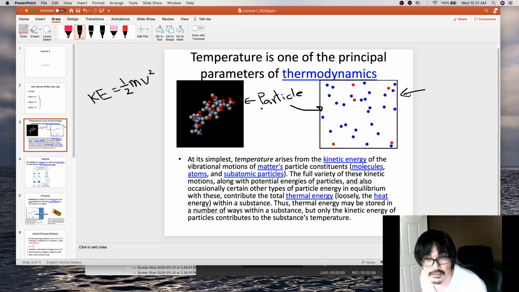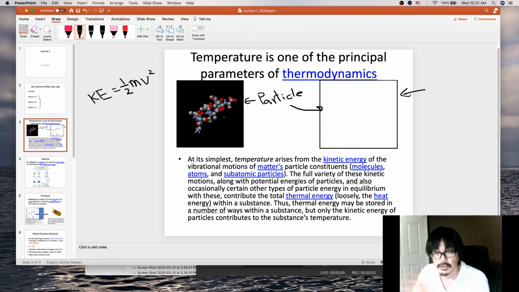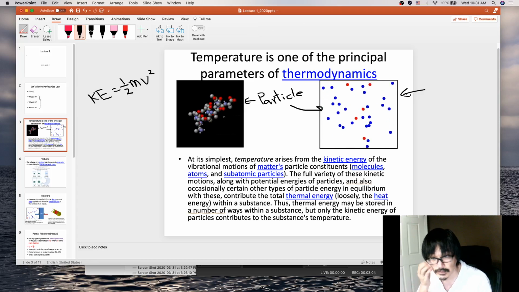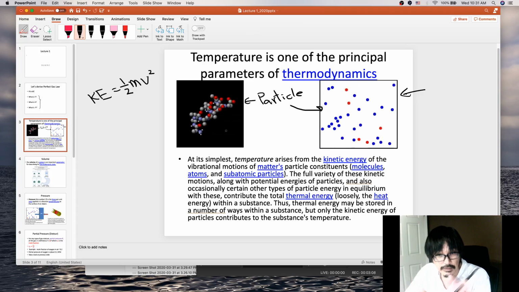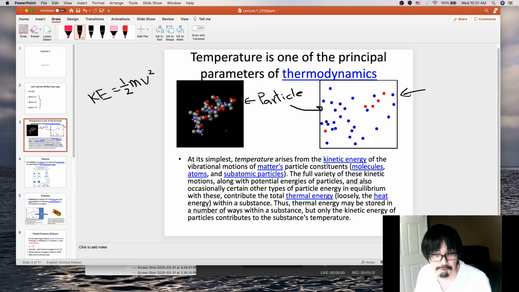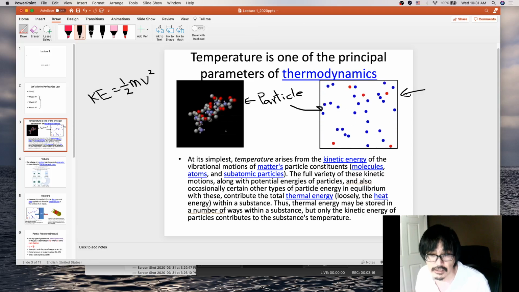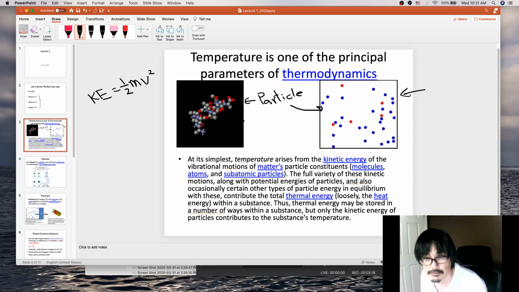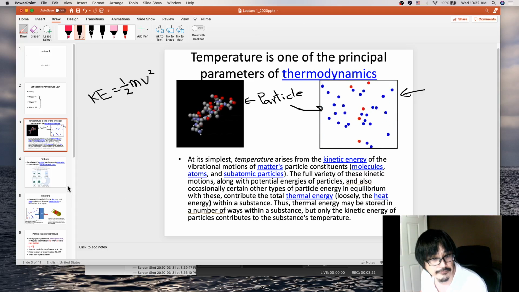And inside of this particle or molecule, there is an atom just moving around, and the atoms are moving with respect to the center of mass of this molecule, but we're not really interested in that portion here. But I want you to think about the movement of the particle here.